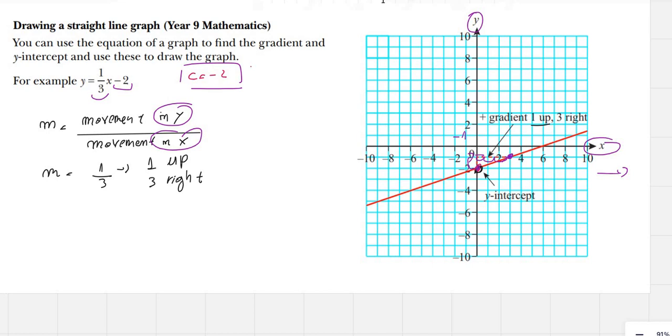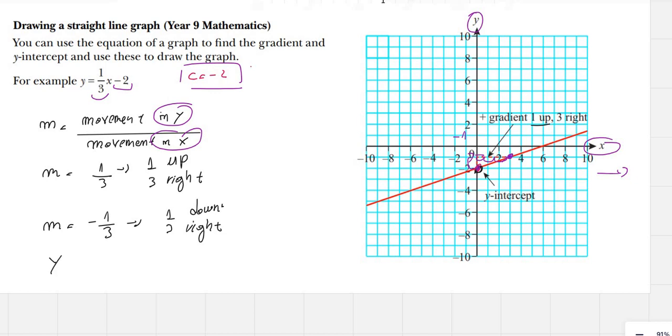If I were to have, for example, m equals minus 1/3, then you will move 1 down and 3 to the right. Okay, 1 down and 3 to the right.